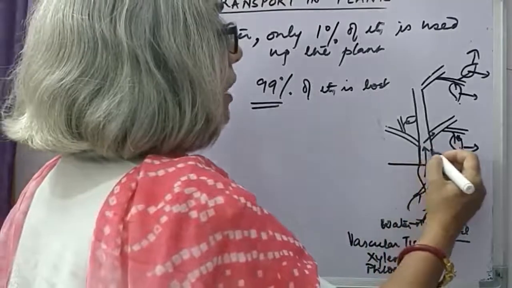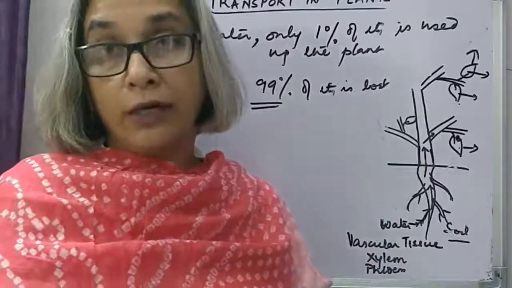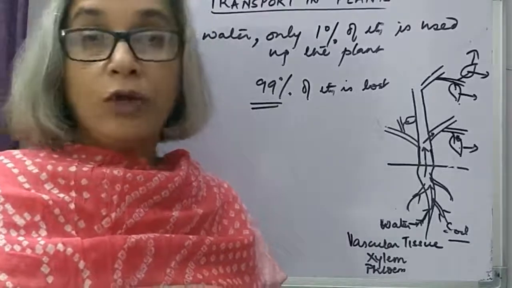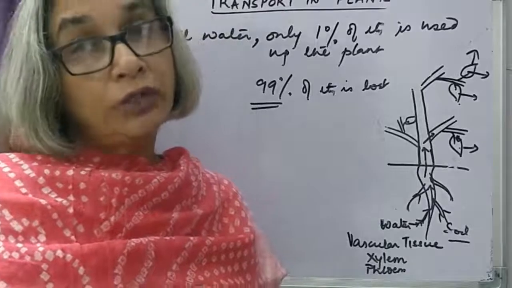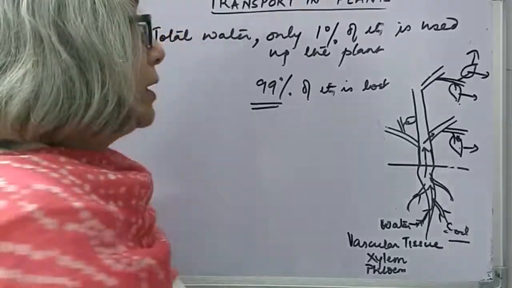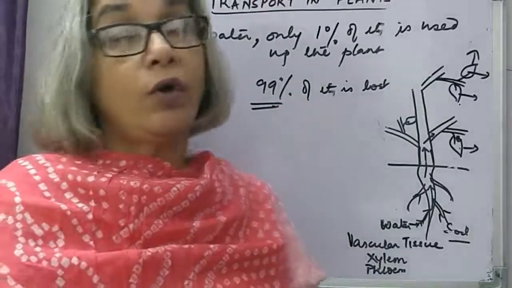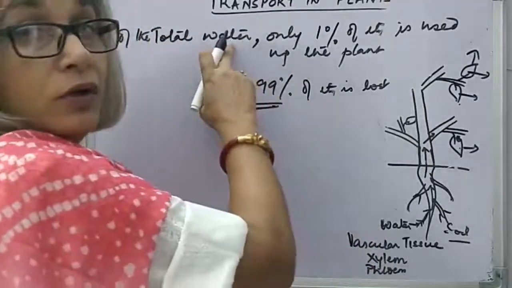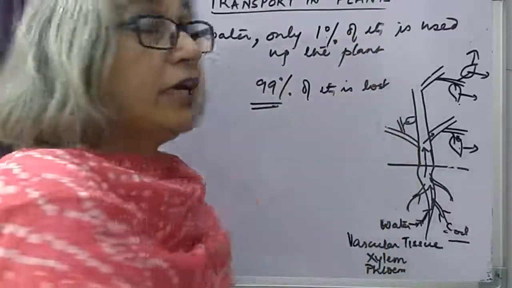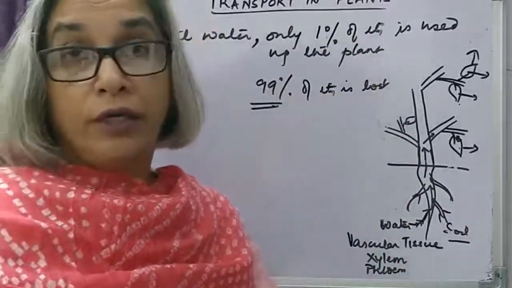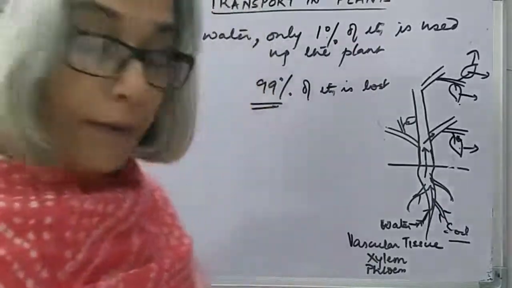Then the hard woody stems have permanent openings called lenticels. So part of water is even lost through the lenticels. We call it lenticular transpiration. So basically 99% of the water that is absorbed is lost by the plant, and only 1% of it is used in the various kinds of processes by the plant.